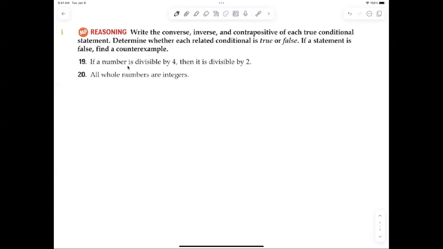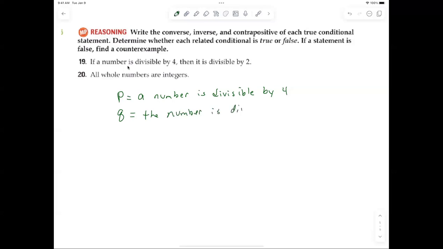So what I would like for you to do is write p equals a number is divisible by 4. q is the number is divisible by 2.